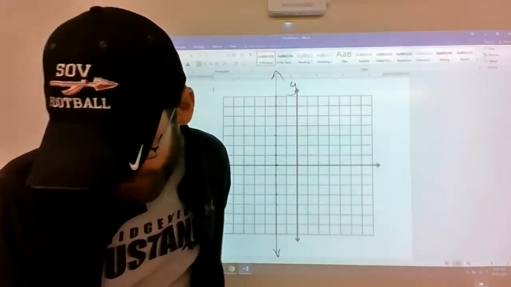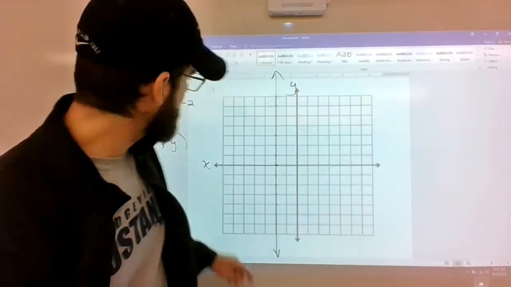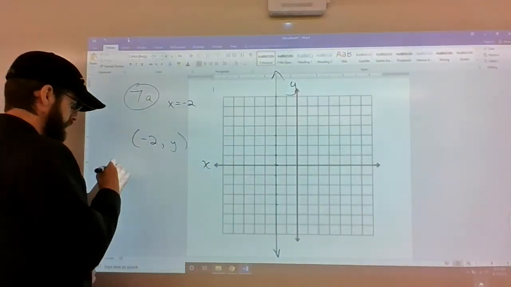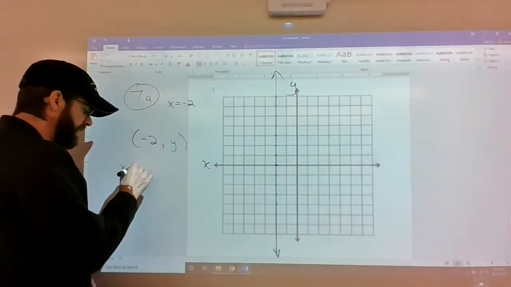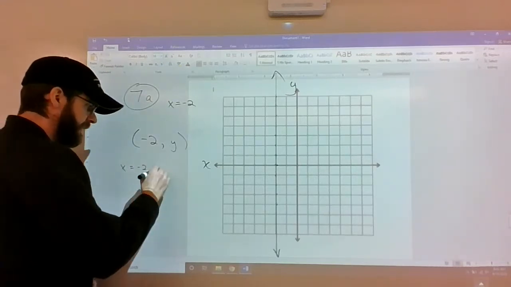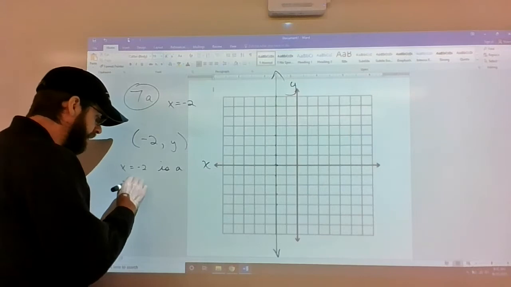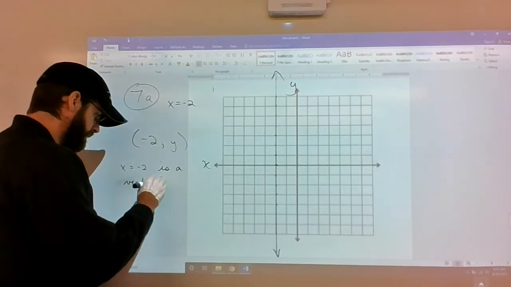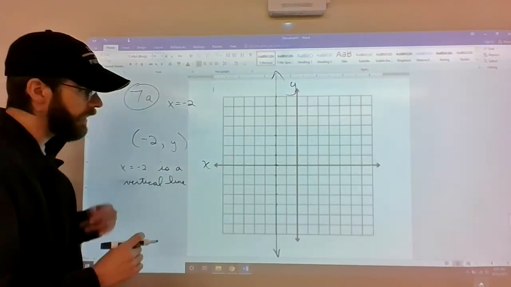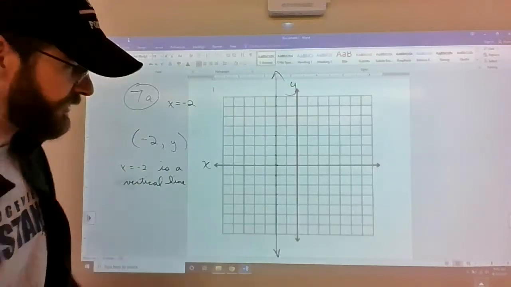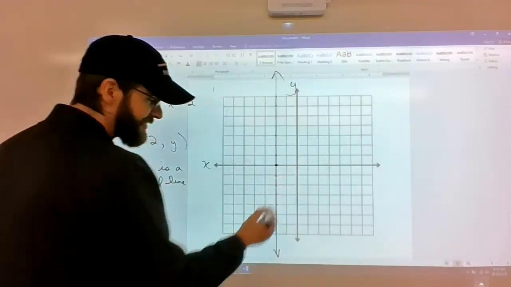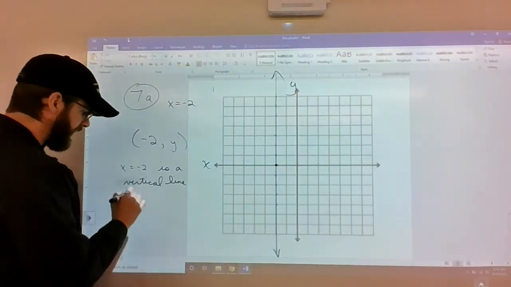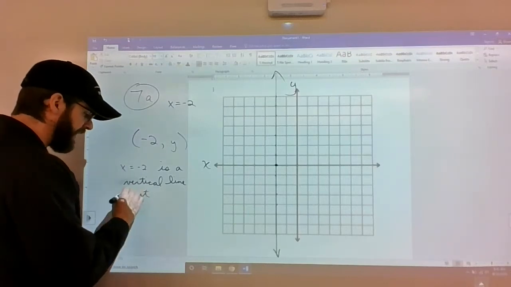When it says describe the set of all points in a coordinate plane that satisfy that condition, what you could say is, x equals -2 is a vertical line. One of the key pieces of information that you'll start to see here is it has an x-intercept of -2, or we could say that it passes through -2, 0.